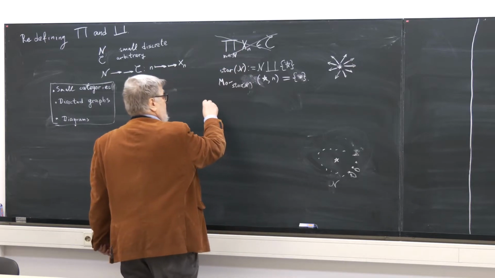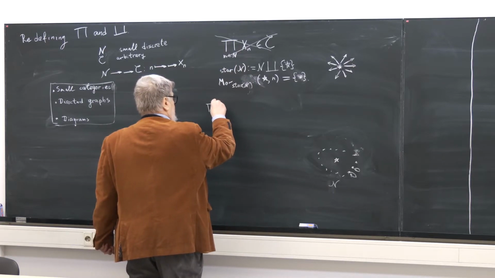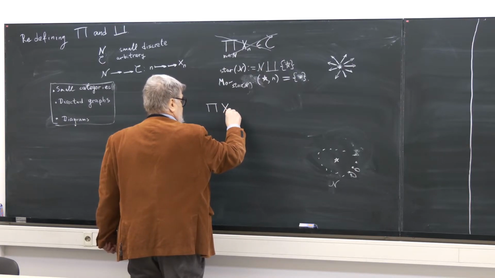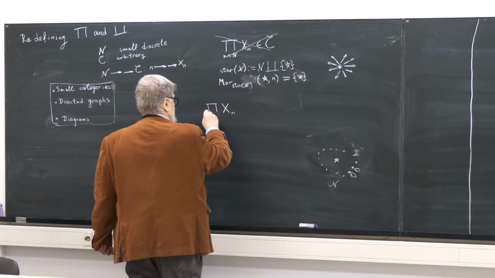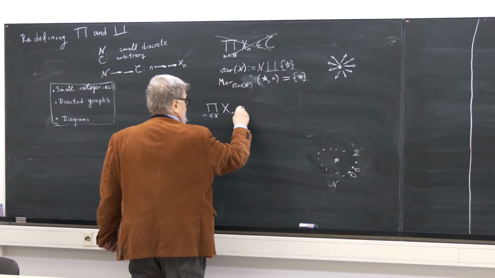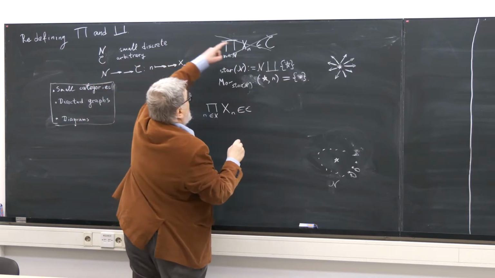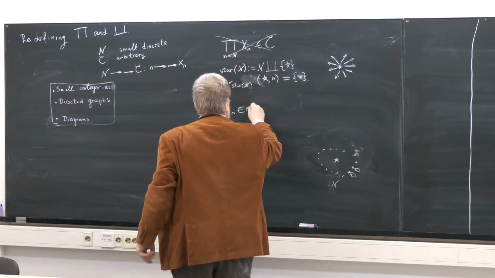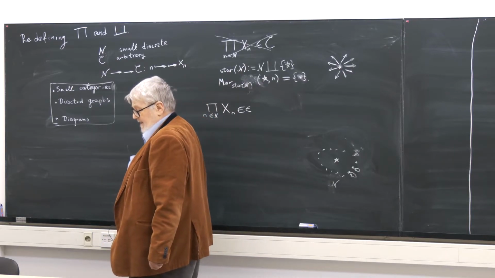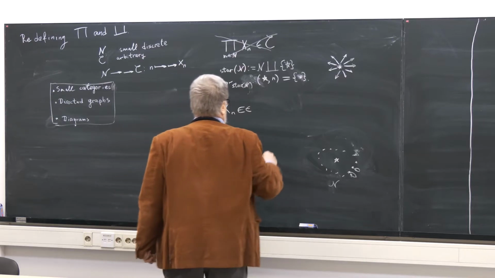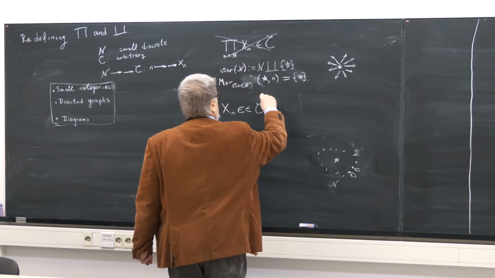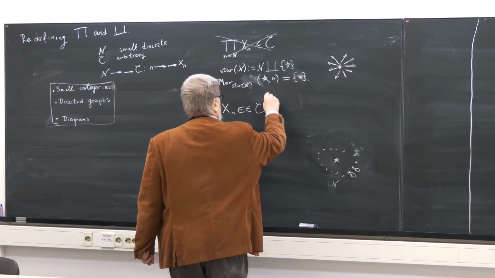I want to declare that the product of this kind, when it exists, belongs not to C, as we have thought previously and as everybody thinks, but let it belong to C to the power star of N.